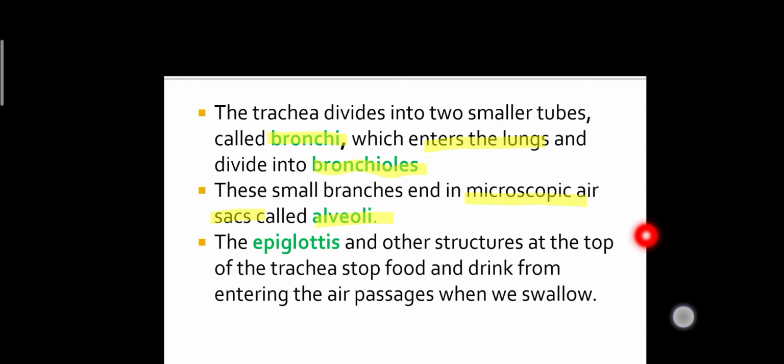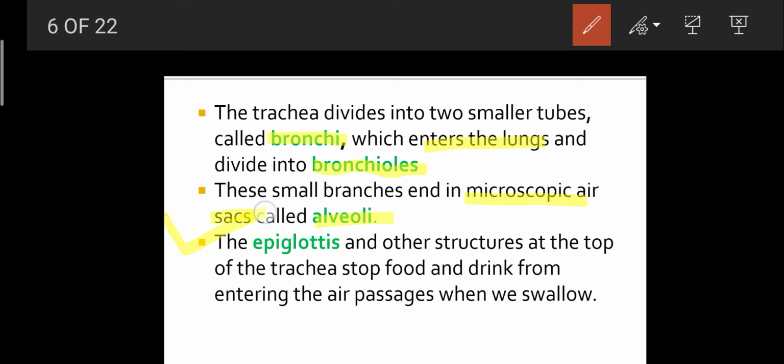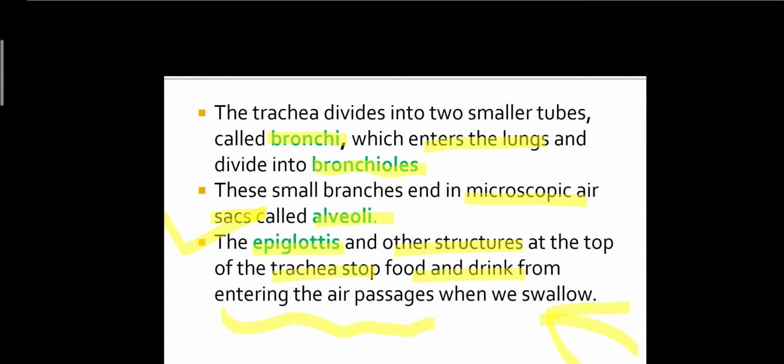The epiglottis and other structures at the top of the trachea stop food and drink from entering the air passages when we swallow.